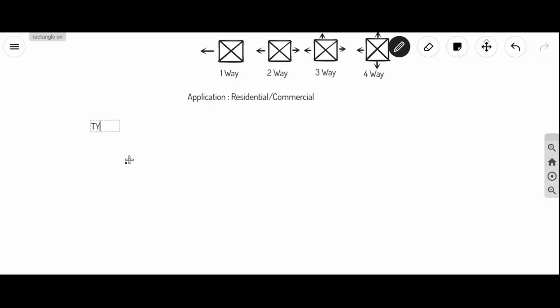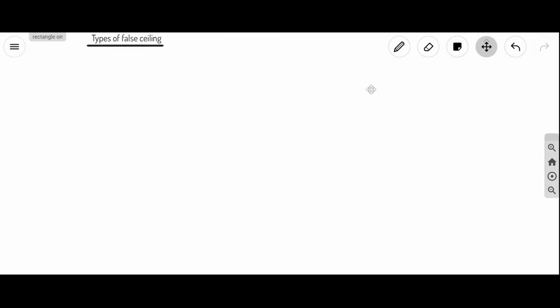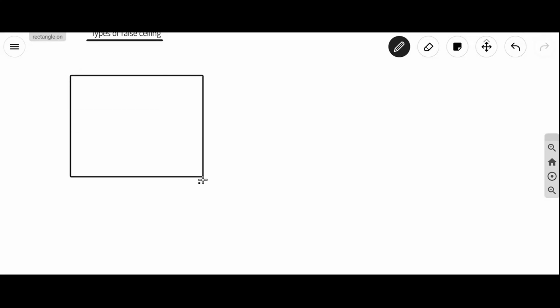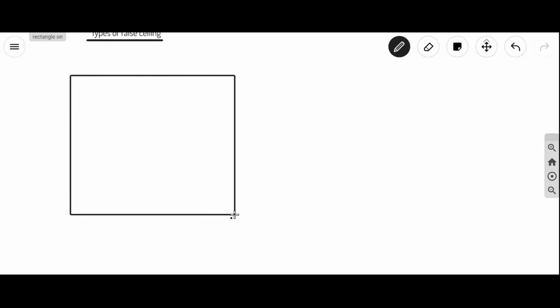Types of false ceiling. Plain or flat false ceiling.